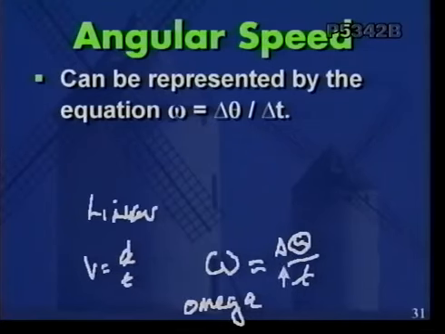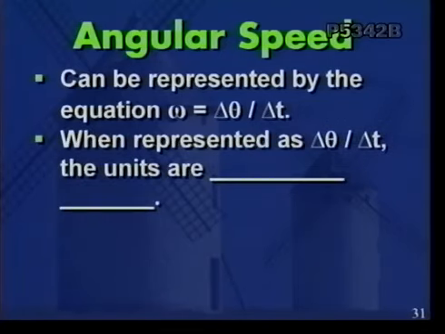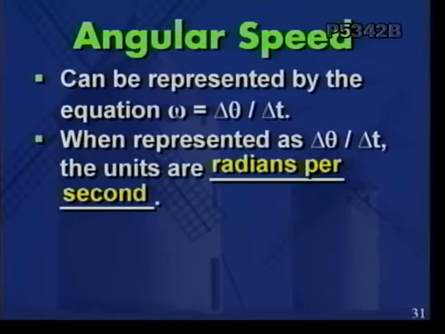It's the change in displacement divided by the change in time. So your notes may not have delta T on it every time. We really should have delta T on every one of those representations. We could represent it then as delta theta divided by delta T. The units then are going to be radians per second.